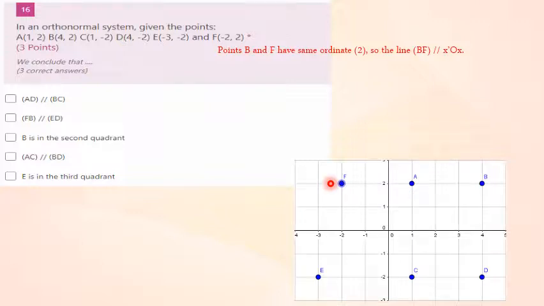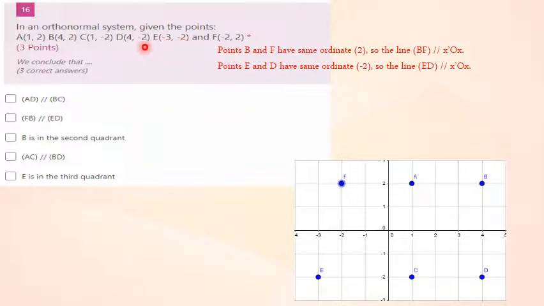Okay, what about E and D? They have the same ordinate. D is 4, minus 2, E is minus 3, minus 2. These are the coordinates. The first number corresponds to the abscissa, while the second one to the ordinate.